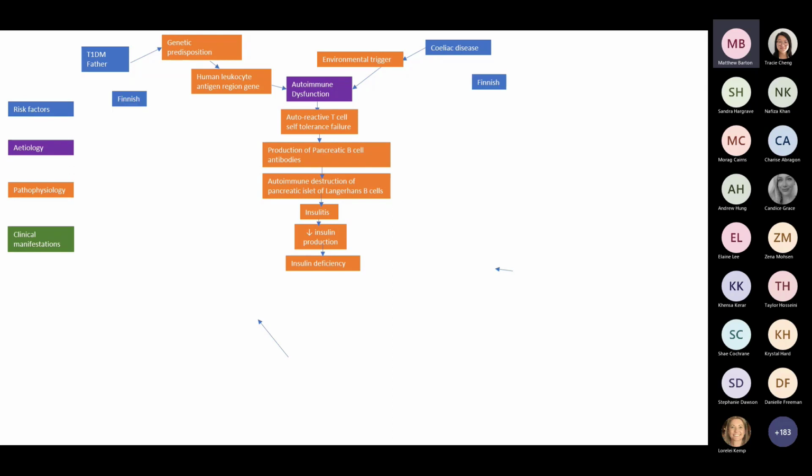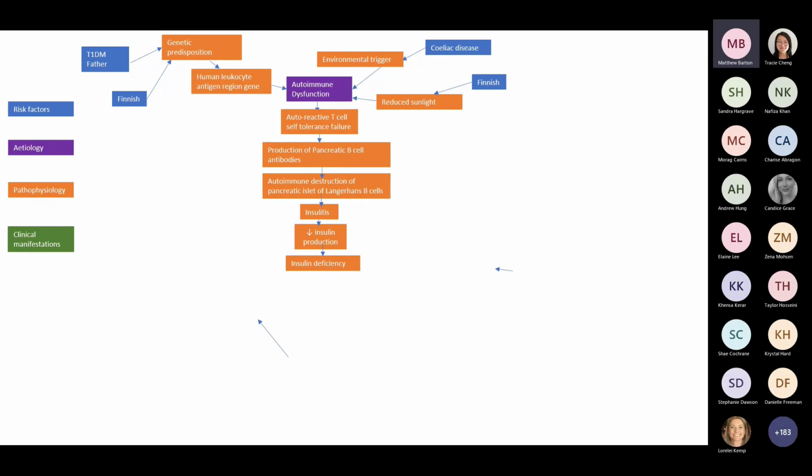Another one in her risk is her Finnish background. Now, I've actually demonstrated here there are two places that you could fit this in. You can have more than one location if you think it can fit. So having a Finnish background from Finland, there is the genetic predisposition, which we're not exactly sure what the genes are, but there is a predisposition there, which is similar to what we saw with the father, but also the location.